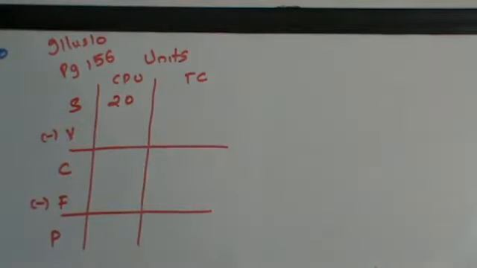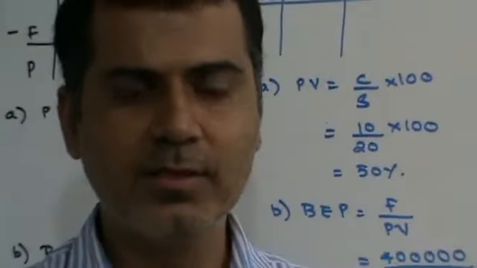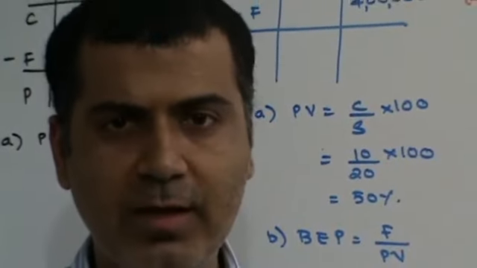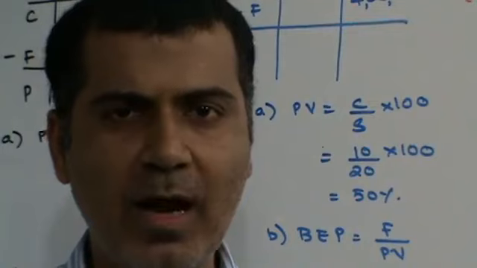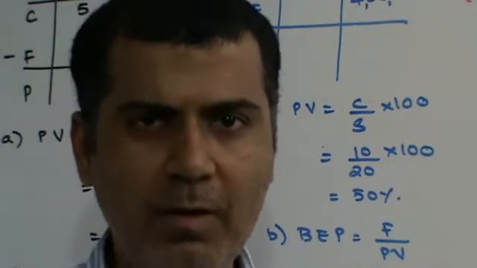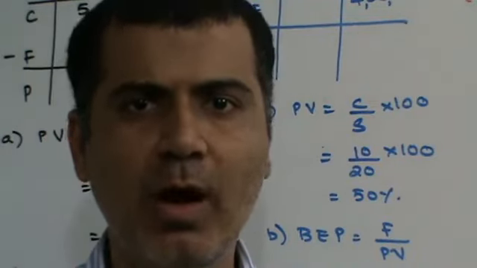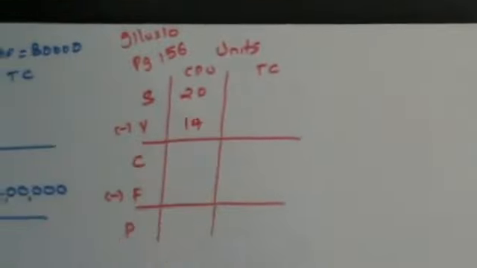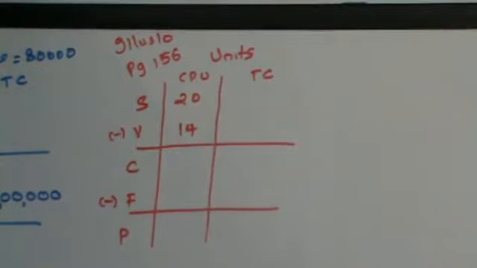Now, in this particular sum, they have given you two variable costs. They have given you variable manufacturing and variable selling. When multiple variable costs are given to you, you have to add both of them. So 11 plus 3, 14. Variable cost will be 14.